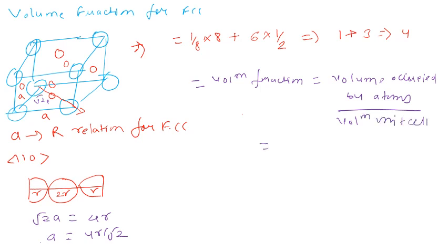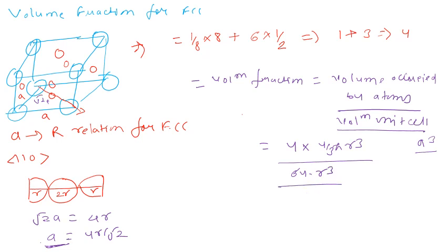We can calculate the volume occupied by atoms by simply putting the number of atoms and the volume of a single atom in the unit cell. And the volume of the unit cell is a cube, and if I put the value of a from here, this will be 64 r cube over 2 under root 2.